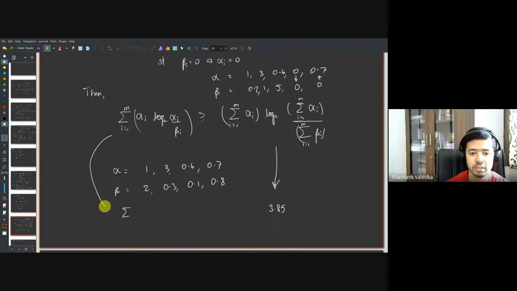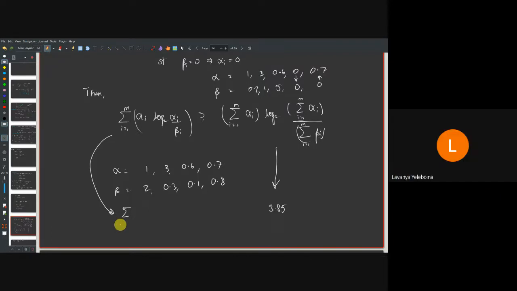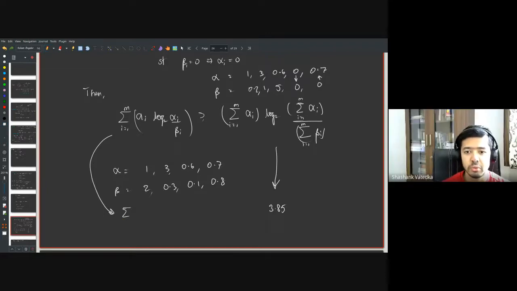What about the LHS? 10.38. Correct. So it's 10.38 something. So clearly the left hand side is strictly greater than the right hand side.